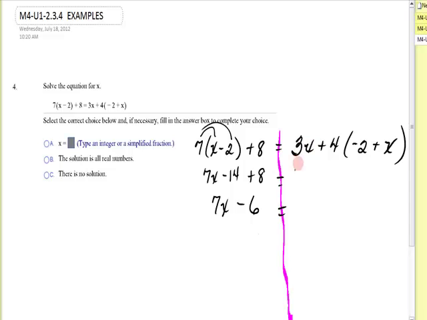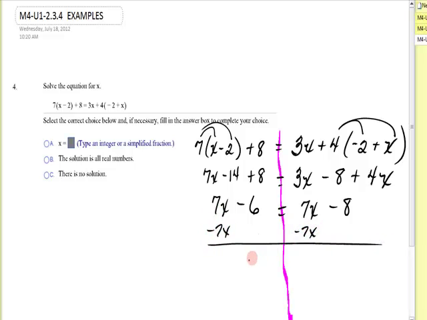On the right-hand side, I keep the 3x. I distribute the 4. 4 times negative 2 is negative 8. I'm not going to put plus negative 8. 4 times x is 4x. Combine like terms. I have 3x and 4x for 7x minus 8. Variables on both sides. Subtract 7x. Negative 6 is equal to negative 8. Well, that's false. So there's no solution.